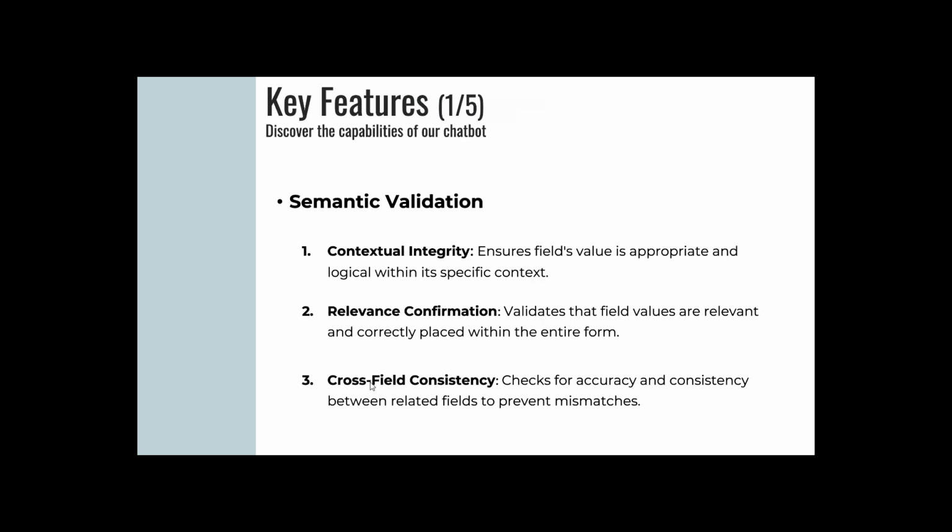The next feature is cross field consistency. Let's say we have two values in a form and we have added AI validations for them, so it maintains the accuracy and consistency between two related fields.